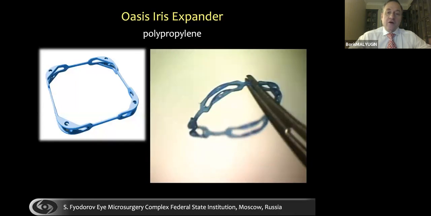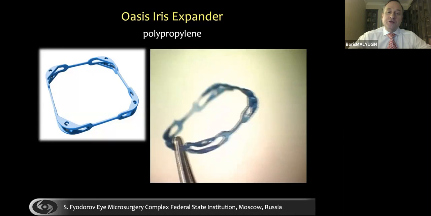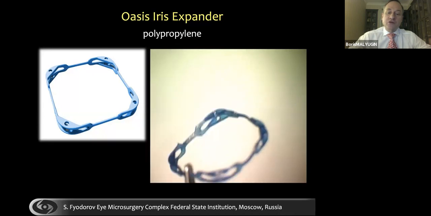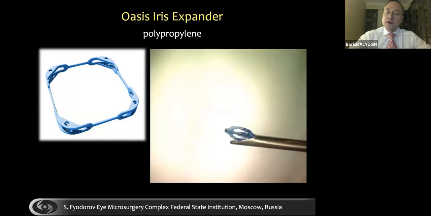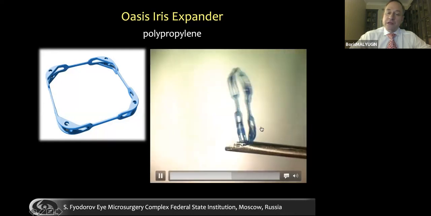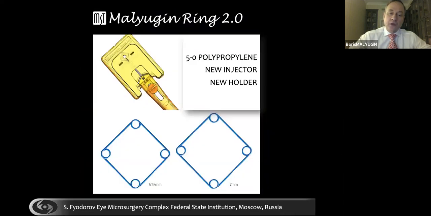This is another iris expander made from polyurethane, the Oasis, which is shown here. And again, it utilizes special pockets that are used to engage with the iris tissue.